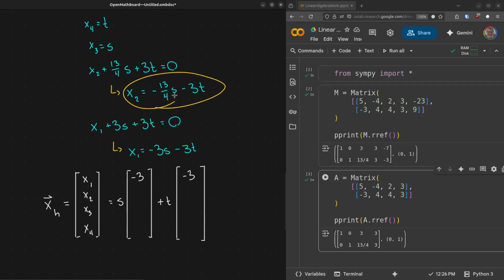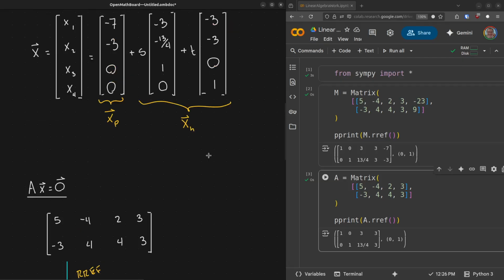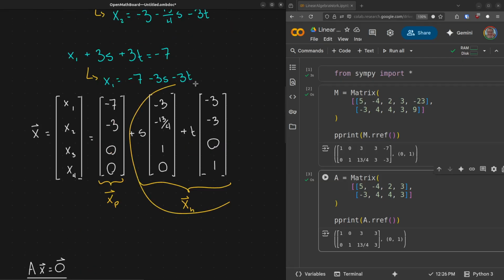For x2 is equal to negative 13/4 s minus 3t. Again, no constant part. So minus 13/4 s minus 3t. x3 is just s, so 1s and no t's. And x4 is just t, so no s's and 1t. And this exactly matches what we have here. Okay, it really is the general solution to the homogeneous system.